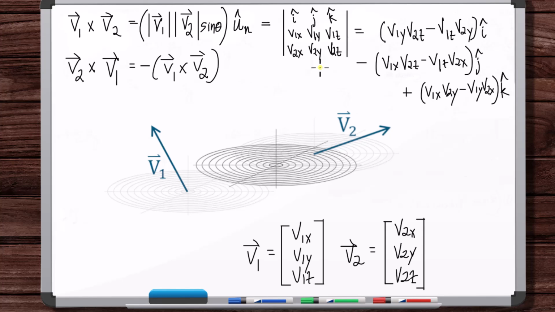But you could add a 10-dimensional vector to a 10-dimensional vector. You could take the dot product of two 20-dimensional vectors. Okay, the cross product is different in that you can only cross two 3-dimensional vectors. There's no cross product of two 2-dimensional vectors. There's no cross product of two 5-dimensional vectors. You have to have two 3-dimensional vectors to do the cross product.